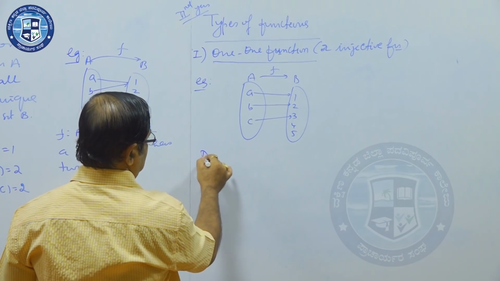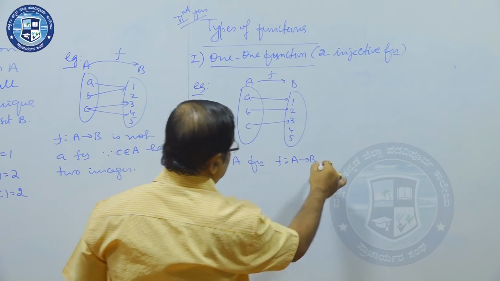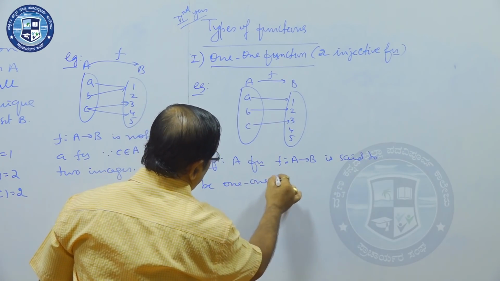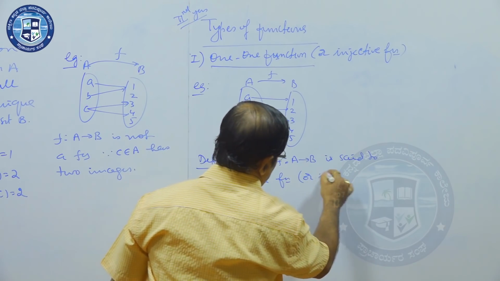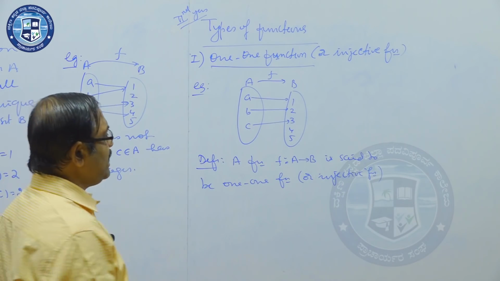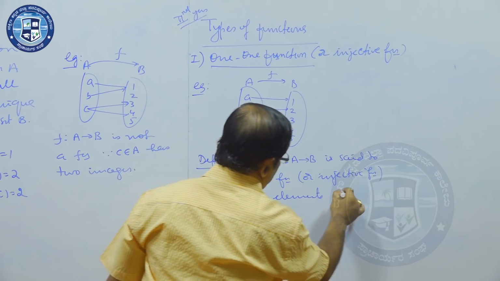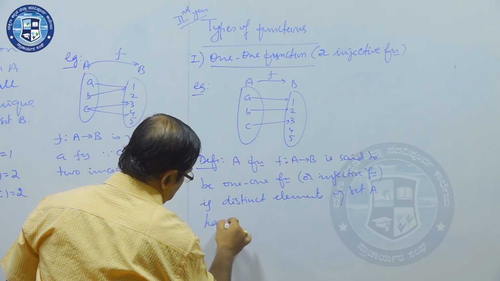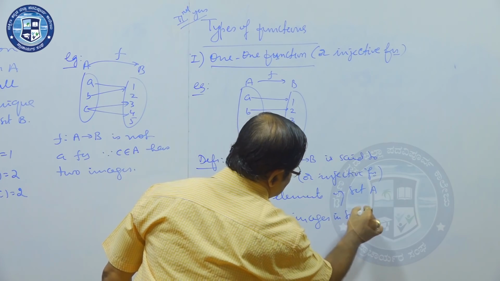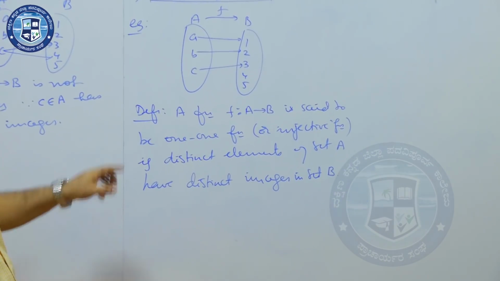So a function f from A to B is said to be a one-to-one function or injective function if distinct elements of set A have distinct images in set B. Read the definition.